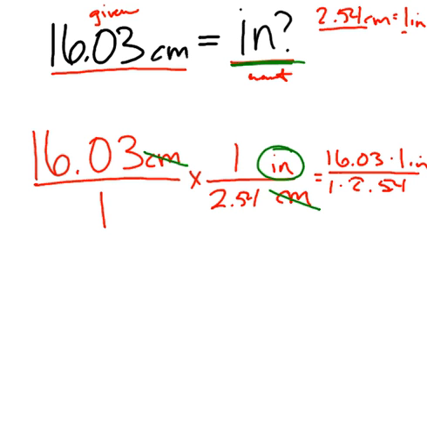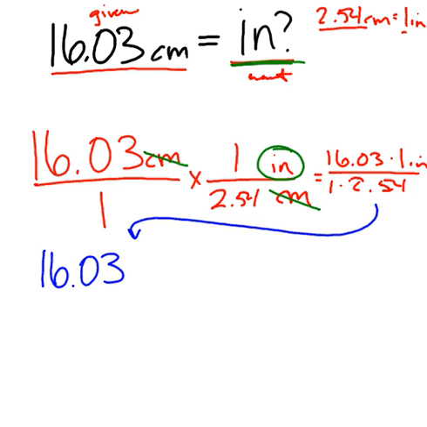So when I do the math, I'll draw this down here: 16.03 inches, because I just did that multiplication. So this is the product. And remember, this is an exact number, as is this right here. They're both exact numbers. They cannot limit my sig figs.